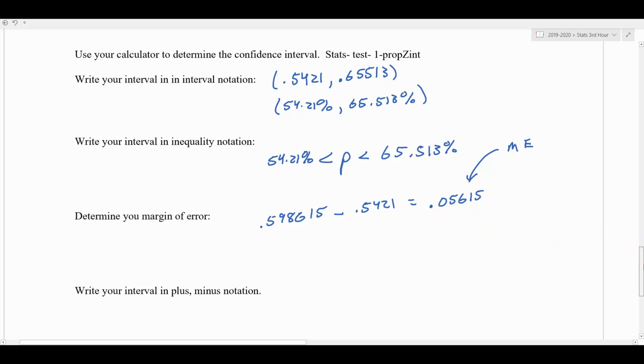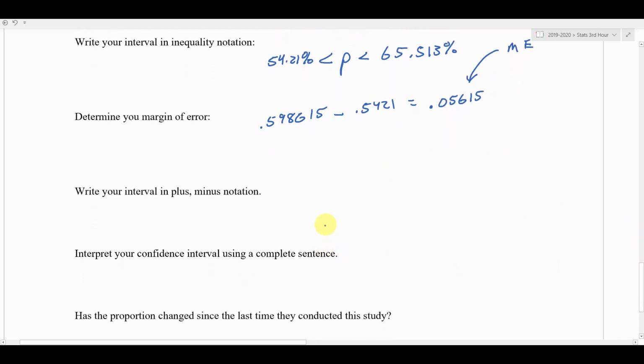Okay, so now that we know the margin of error, I want to write this in a plus minus notation. So I'm going to take my point estimate. I'm going to say 59.8615% plus or minus 5.615%, right? So this is my plus minus format for the confidence interval. And then we would interpret our confidence interval using a complete sentence, okay? I'm not going to write it out because I really suck with this pen, but I'll say it, right?